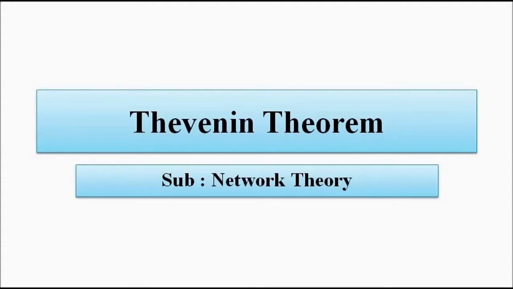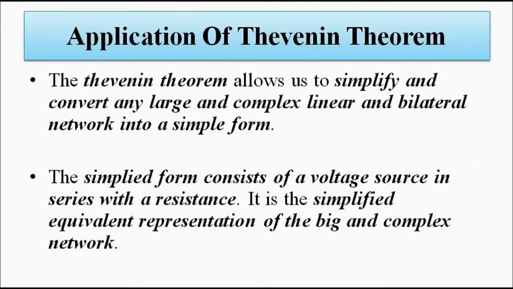Okay, so why is Thevenin theorem required, or what is the requirement of this Thevenin theorem? The main objective of any network theorem, be it superposition, Thevenin, Norton, maximum power transfer, reciprocity, whichever network theorem you take, is basically to simplify a large complicated network, to bring it into a simple form.